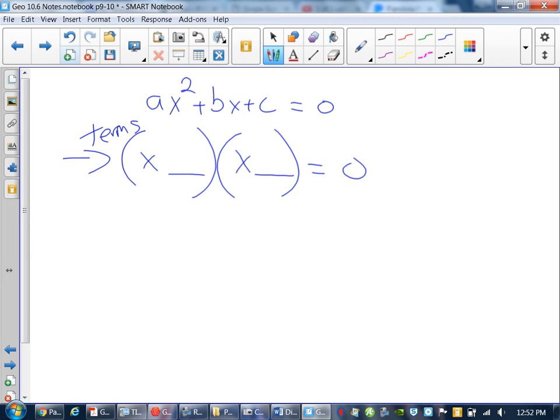I can break it into smaller chunks to figure out what generates a value of 0. It becomes an easier process to work with than graphing.